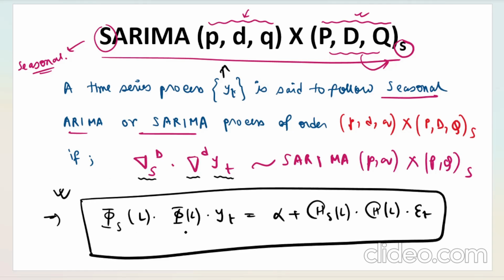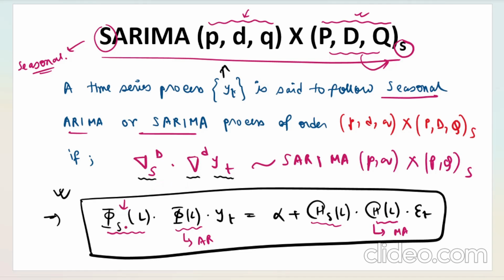Here what I have done, capital phi S L into capital phi L into Y t is alpha plus capital theta S L, capital theta L into epsilon t. Now you know this and this. This is the characteristic polynomial of the AR part, and this is the characteristic polynomial of the MA part. Now in this model we have introduced two more characteristic polynomials.